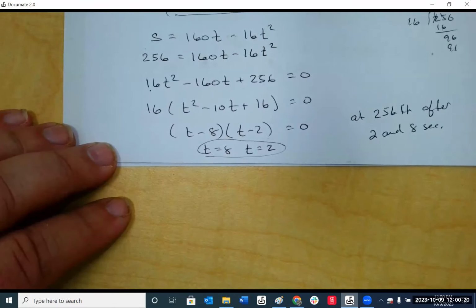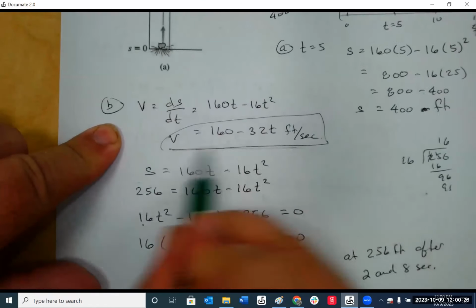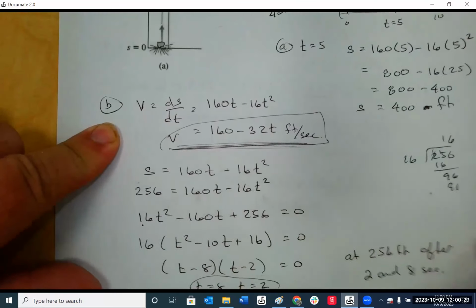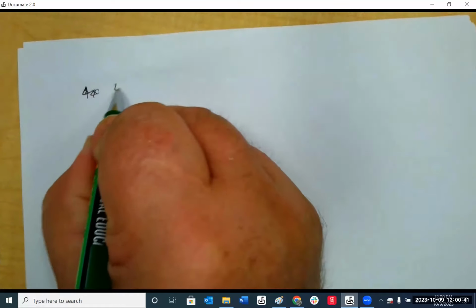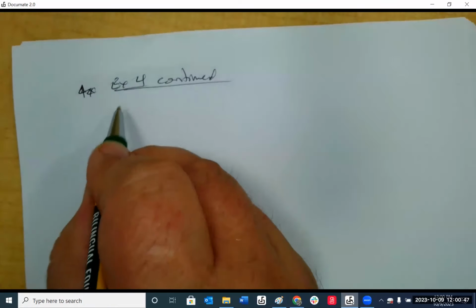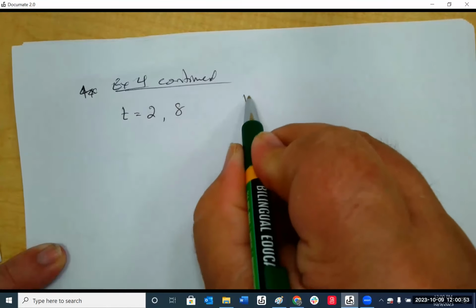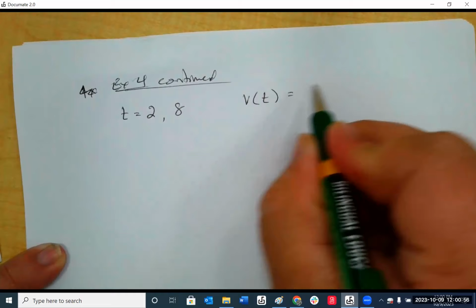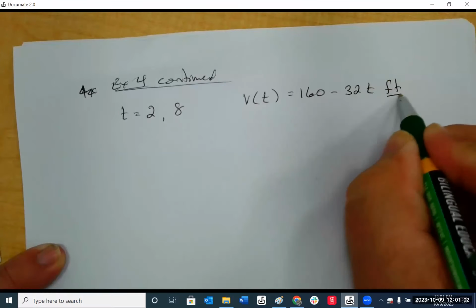All right, so where do we plug that number in? Right here. This is example 4, continue. So we have t equals 2 and 8. V of t equals 160 minus 32t feet per second.